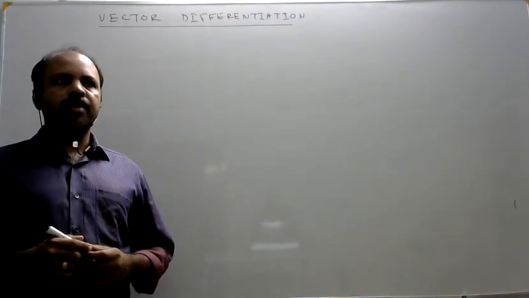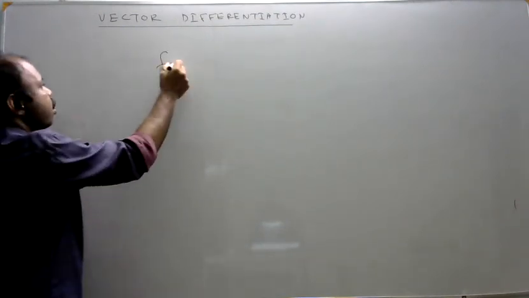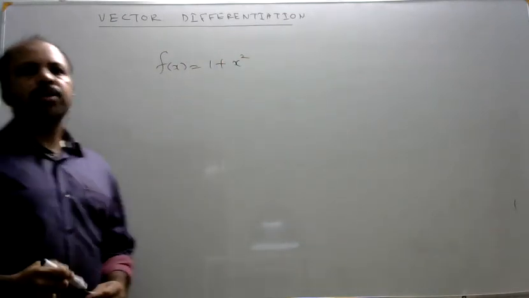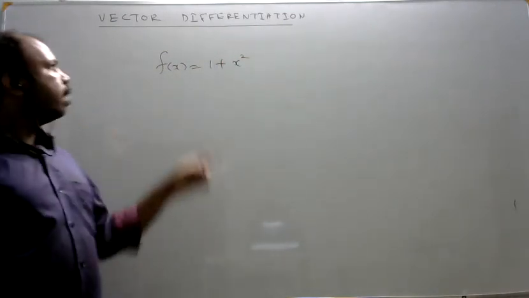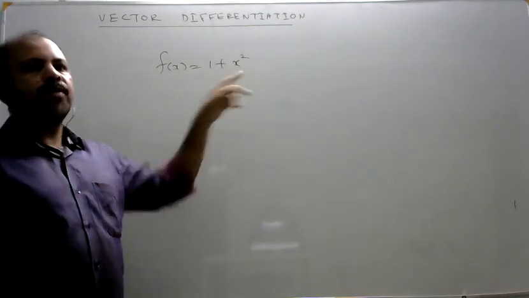What is meant by a real valued function? For example, consider the function f of x equal to 1 plus x square. We know that when we take x, f gives 1 plus x square.